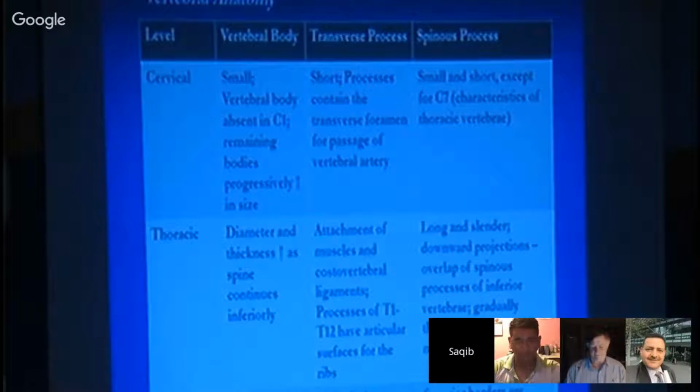You can see a transverse foramen also in C7 in about 5% of cases, I think, and this will have the vertebral artery. The spinous process is short, except for C7, which is actually quite long, and it's a landmark when you try to tailor your approach and your skin incision.